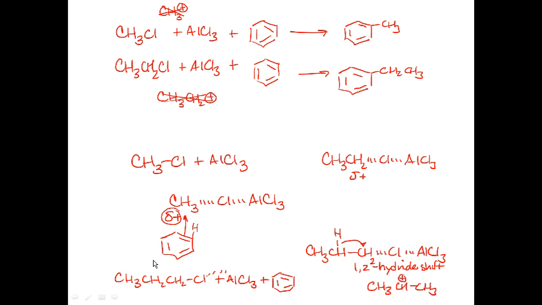So when you try to react 1-chloropropane with benzene, you end up with isopropyl benzene, not n-propyl benzene.